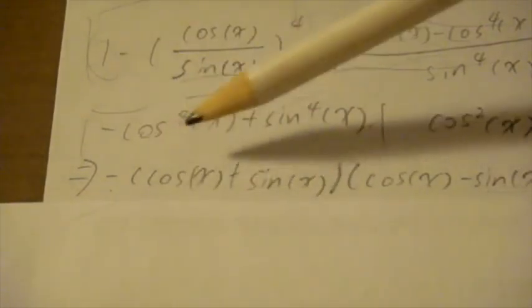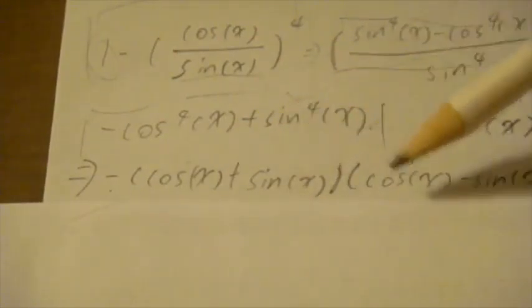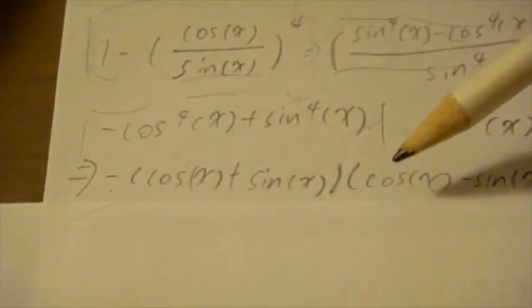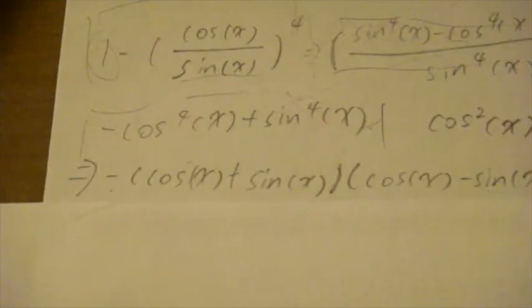So it becomes negative, open parentheses, cosine x plus sine x, close the parentheses, and open another parentheses, which is cosine x minus sine x, close, and open one more, which is cosine squared x plus sine squared x, and close it.